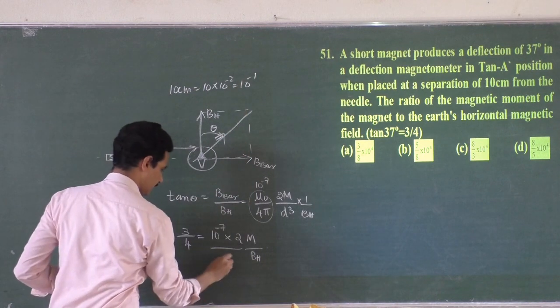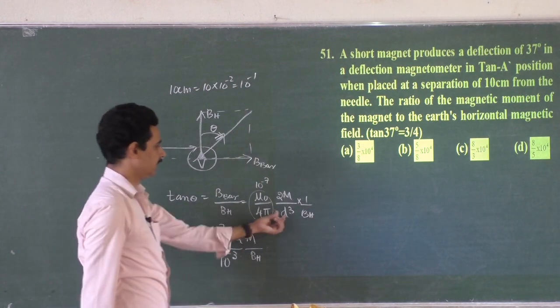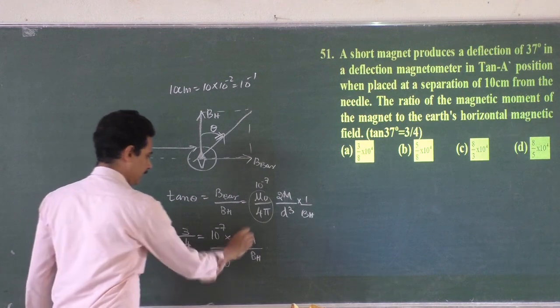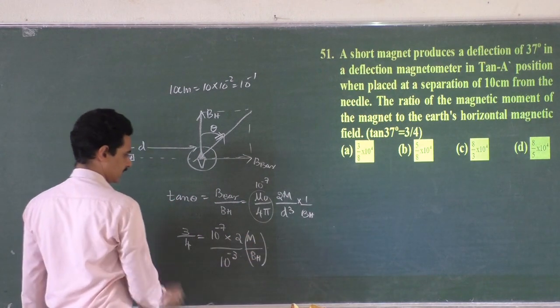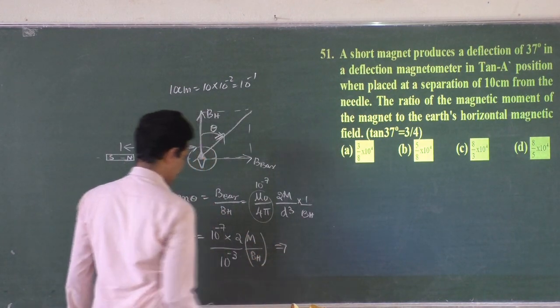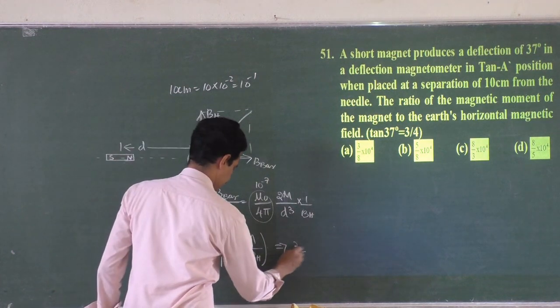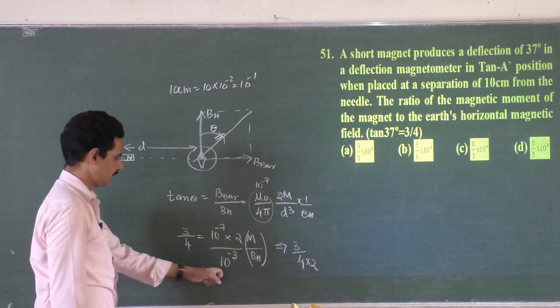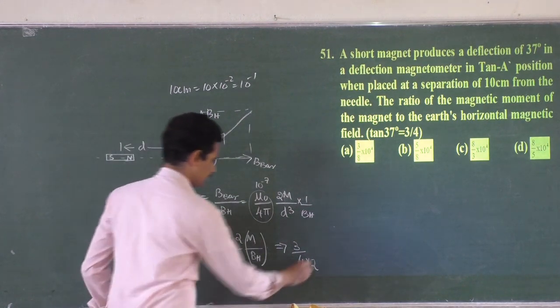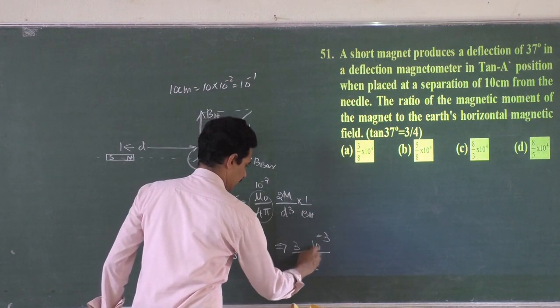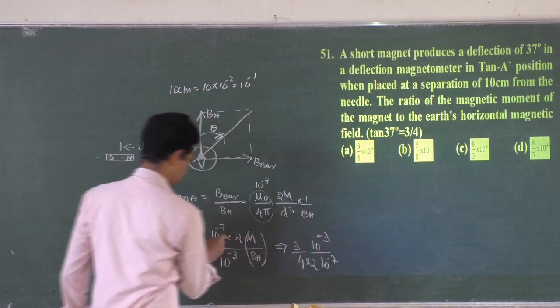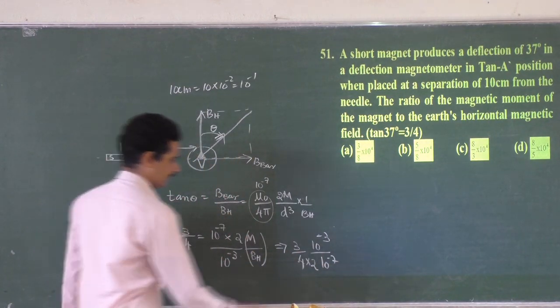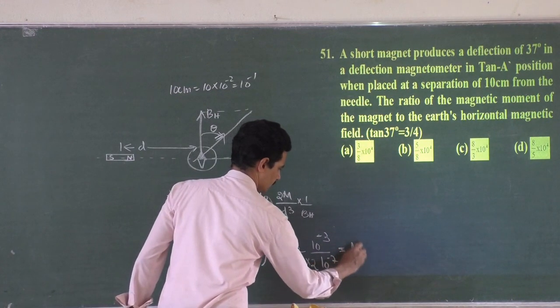Whole cube, 10 to the power minus 3, d cube. So m by BH you keep it here, remaining things you bring it here. So what is the answer? It is 3 by 4 into 2, 10 to the power minus 3 to the numerator, 10 to the power minus 7 to the denominator, 2 brought, that is equal to m by BH.